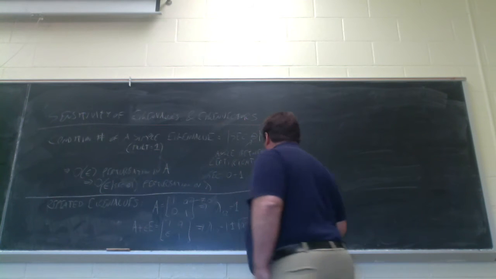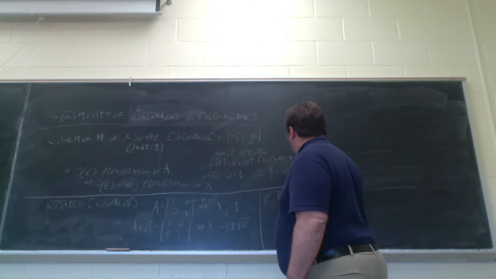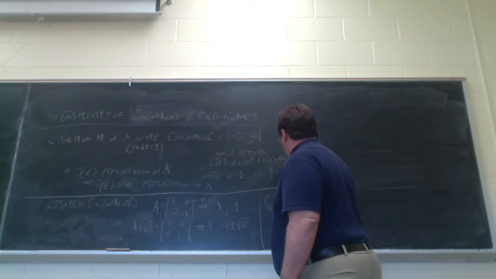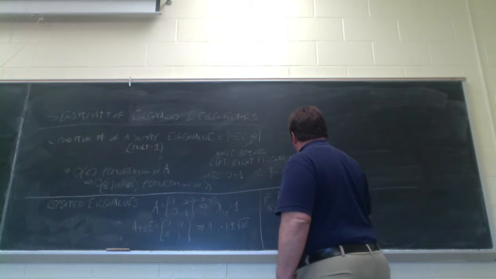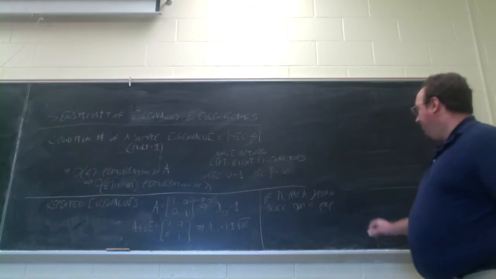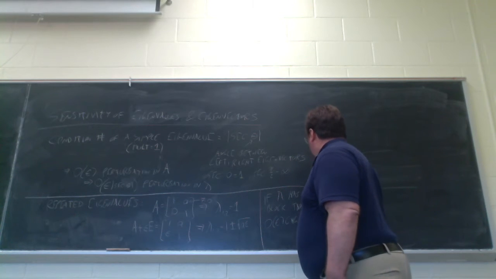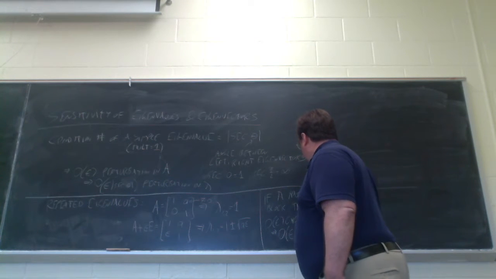So in general, if you have an eigenvalue that corresponds to a Jordan block that is of size p by p, then an order epsilon change in the matrix leads to a change of order epsilon to the 1 over p.